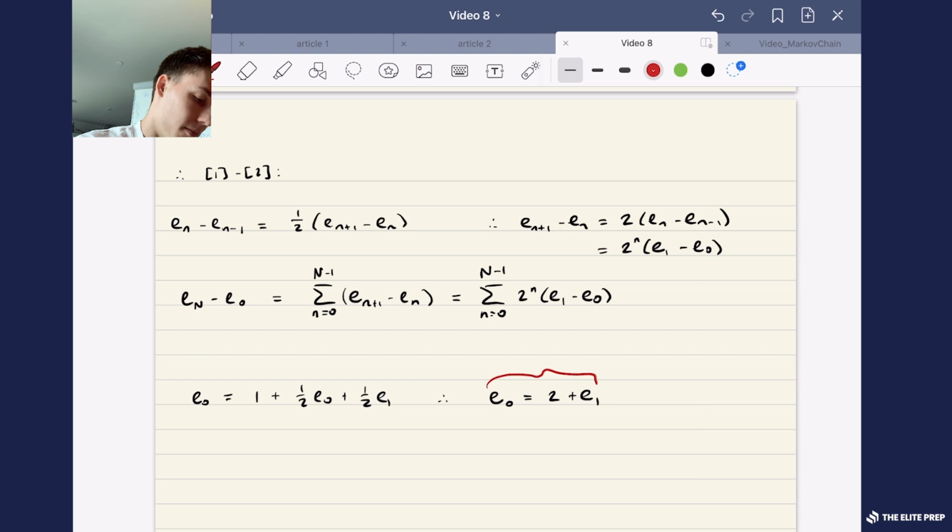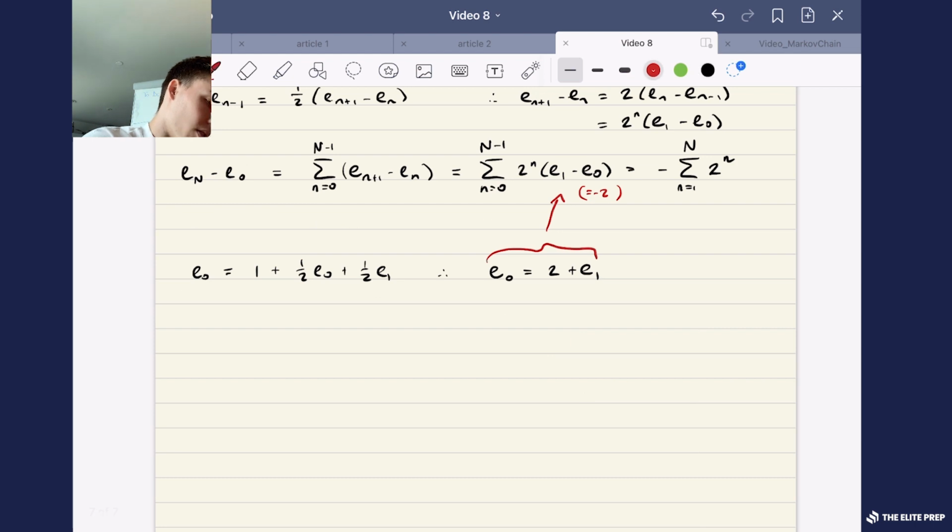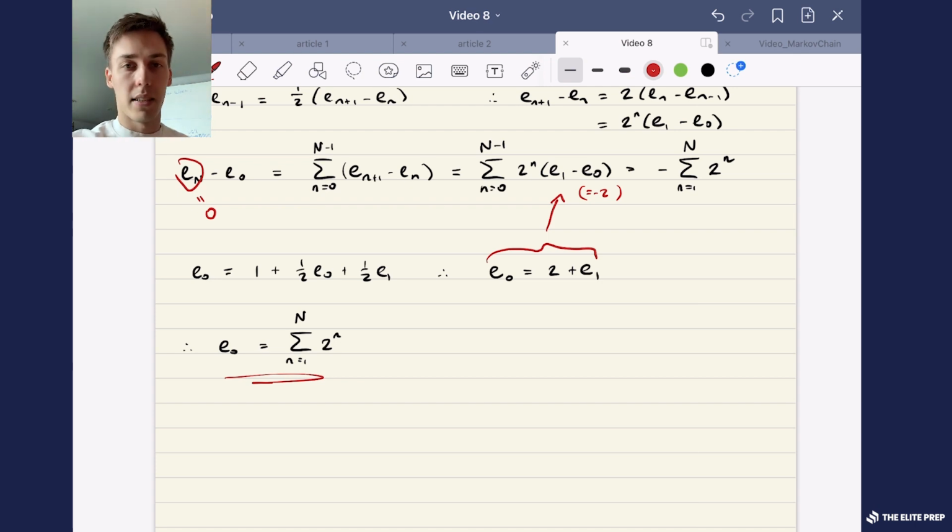Substituting this in means that we have minus the sum from n equals 1 to n of 2 to the n, because this was just equal to minus 2, and also E_n was equal to 0. So therefore E0 is equal to the sum from n equals 1 to n of 2 to the n. And that is the solution for the general case of n heads in a row.